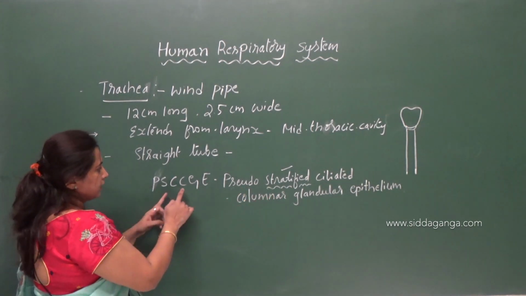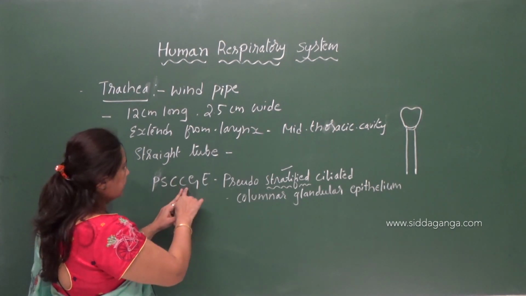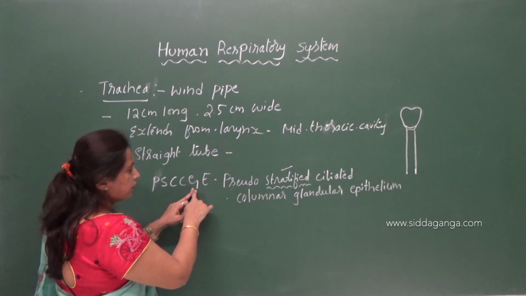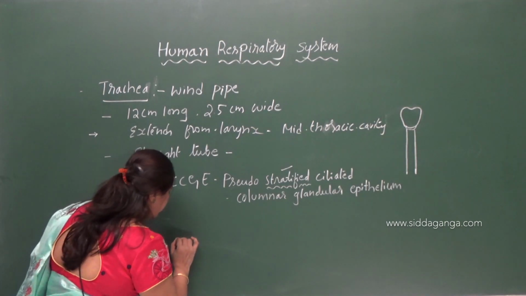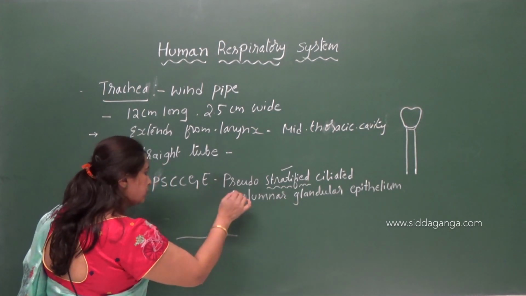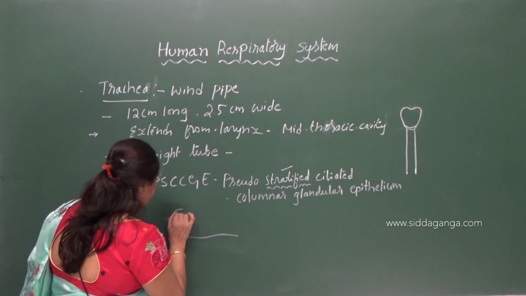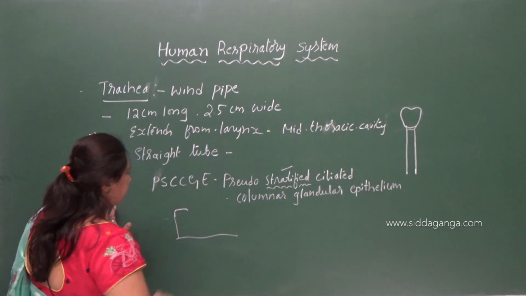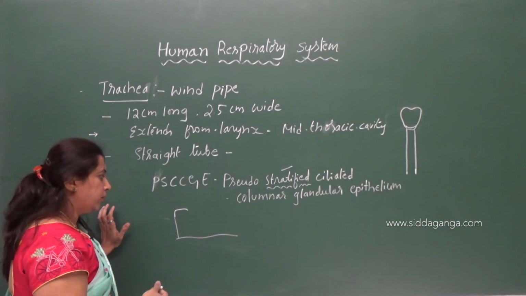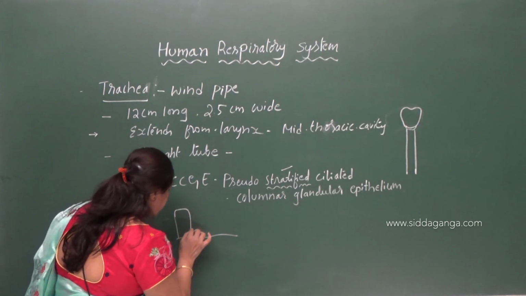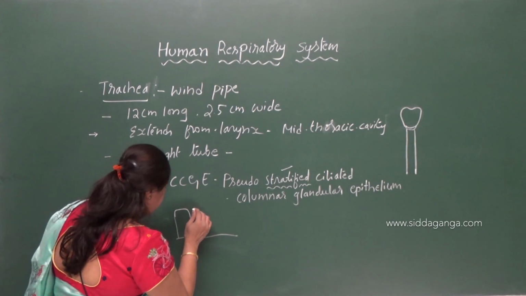Okay. So here the type of cells present are ciliated columnar cells along with the mucus secreting goblet cells. It is a single layer of cells only, the columnar epithelial cells. The columnar epithelium has long, taller cells.